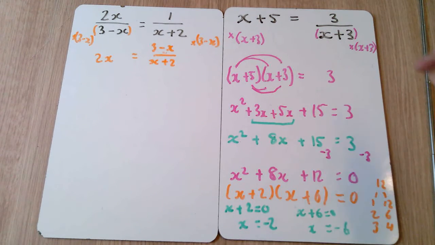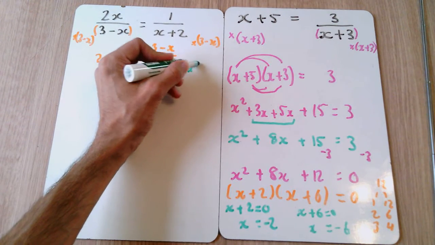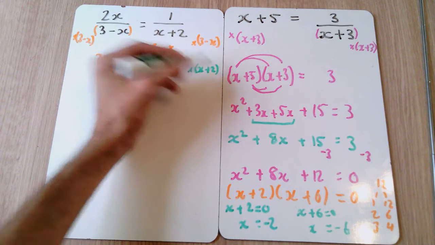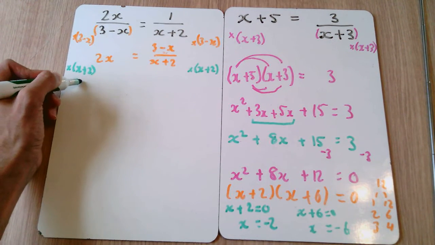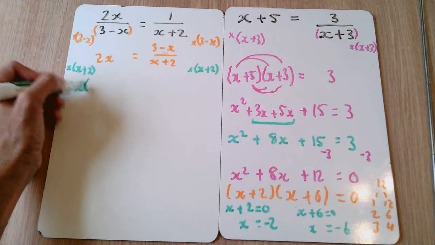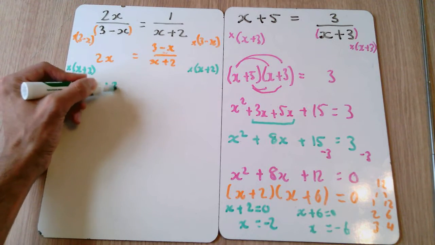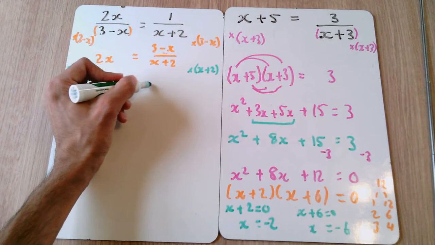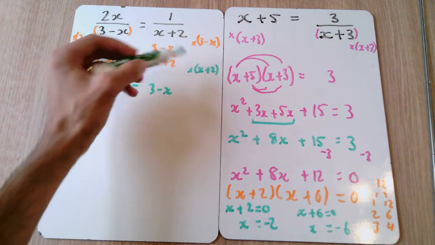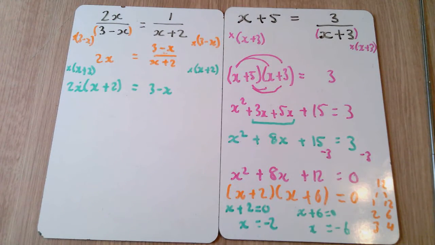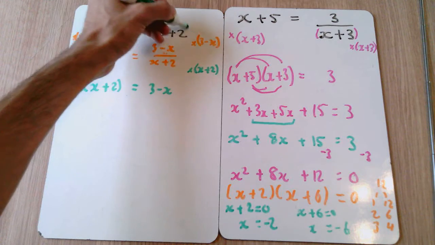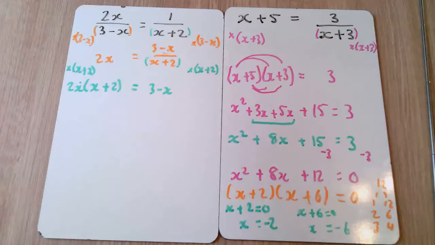Now I've got a question that looks very, very similar to this one. So I now need to multiply both sides by x plus 2 to get rid of this denominator. So times by x plus 2 and times by x plus 2 gives me 2x brackets x plus 2 is equal to 3 minus x, because once again this x plus 2 will be on the numerator and it will cancel out with this x plus 2, which is also inside these brackets.